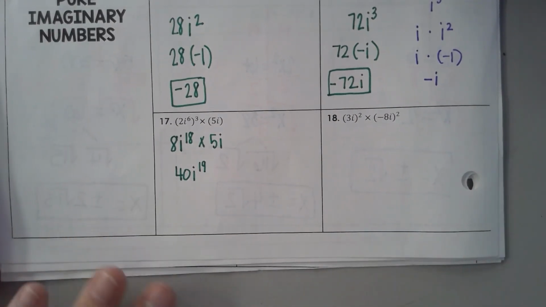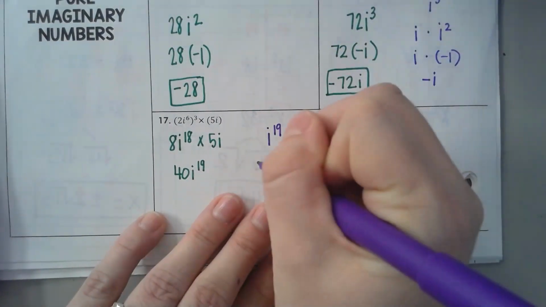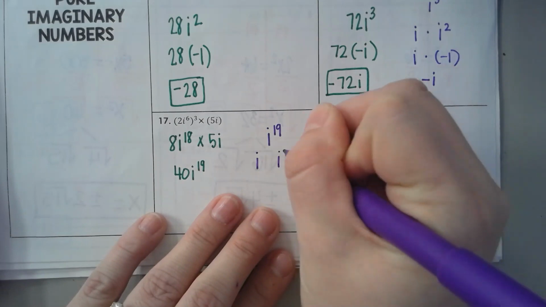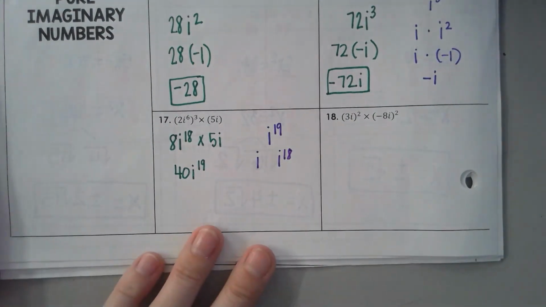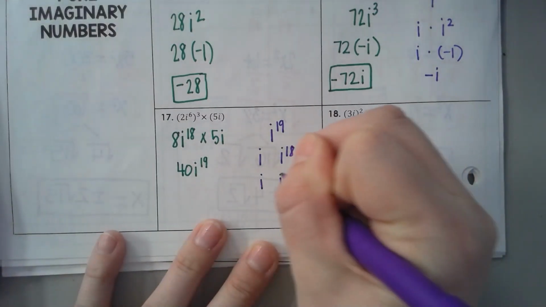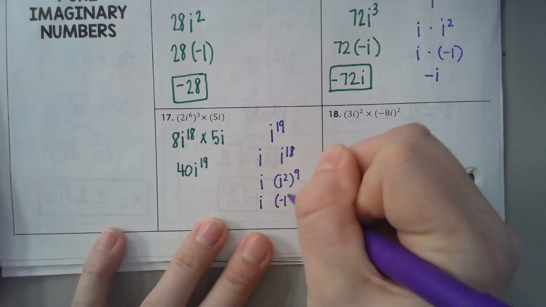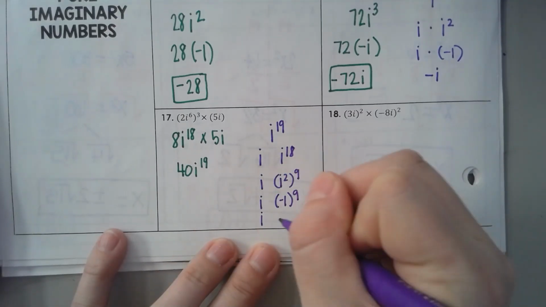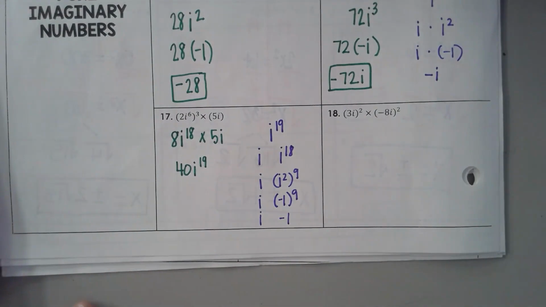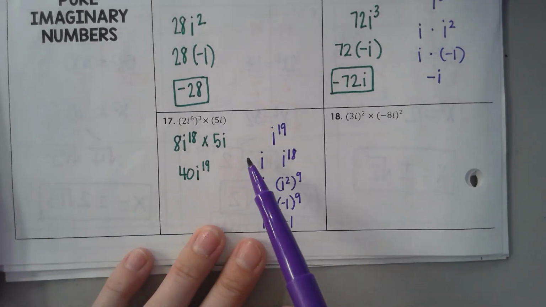I've got to go over to the side and figure out what i to the 19th is. We would break it down into i and i to the 18th.